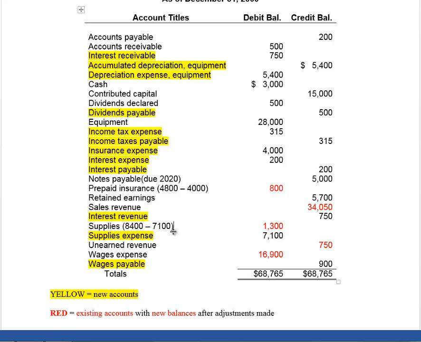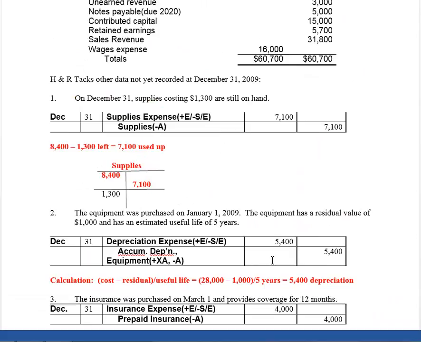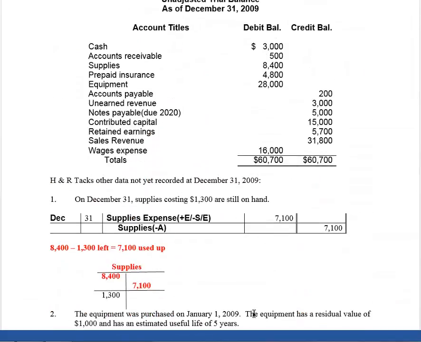We know we used up $7,100 because the question told us we had $1,300 left. So again, you can go through, but what you're noticing here is that when I add up all the debits and all the credits, they are still balanced, $68,765. It's different than the balance we had in the unadjusted one up here, but that's because we've posted all of these adjusting entries.